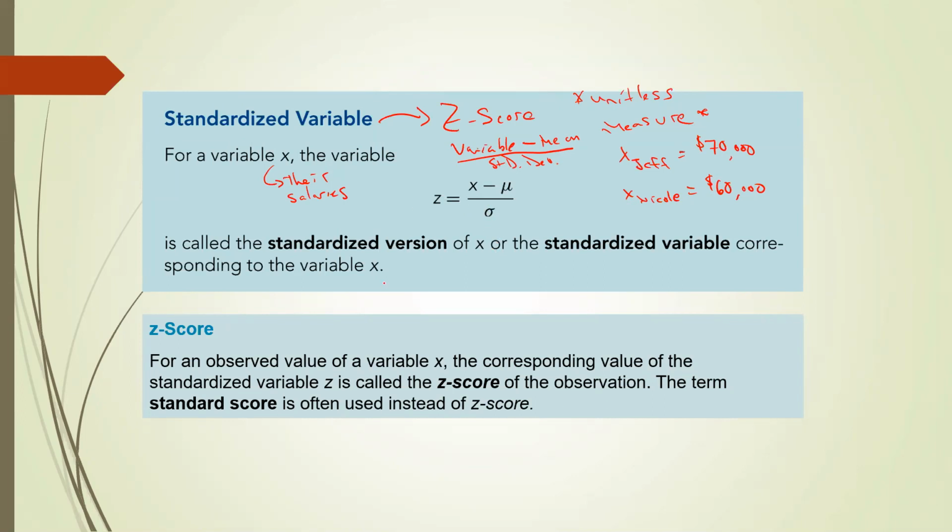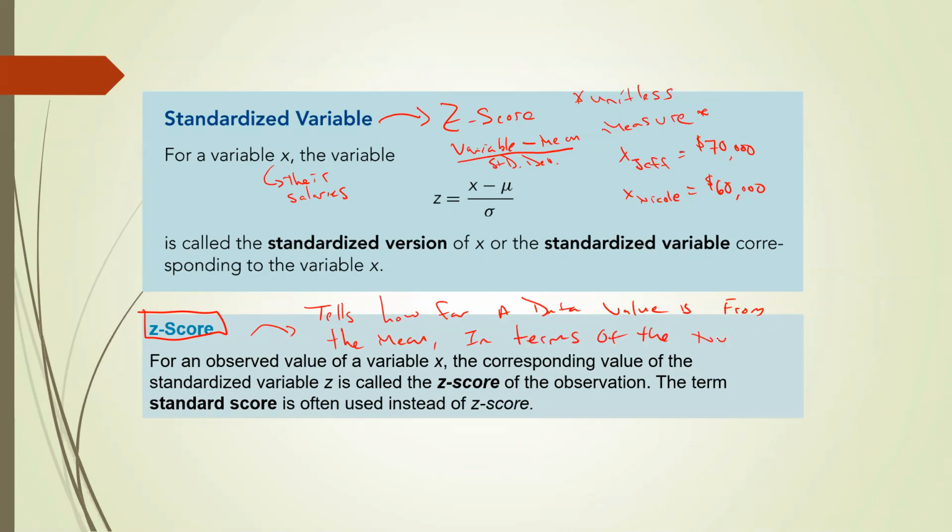This is called the standardized version of it, what I call a z-score. And what a z-score tells you is how far a data value is from the mean in terms of standard deviations.